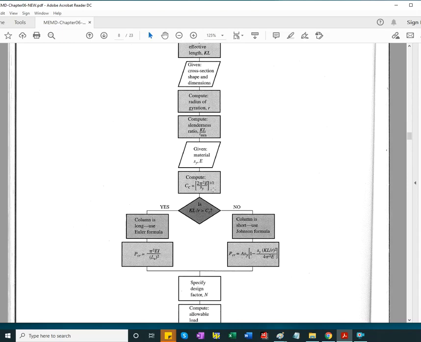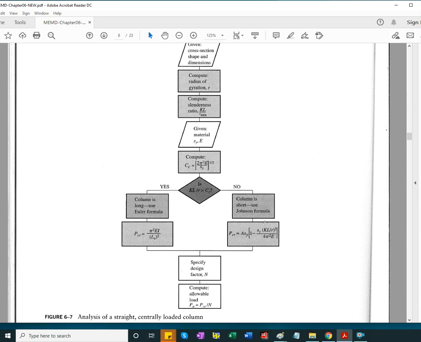And then if slenderness ratio is greater than column constant, this is Euler buckling, elastic range. If it is not, then we have a short column that buckles plastically, and you use Johnson's formula. Okay, the two equations.